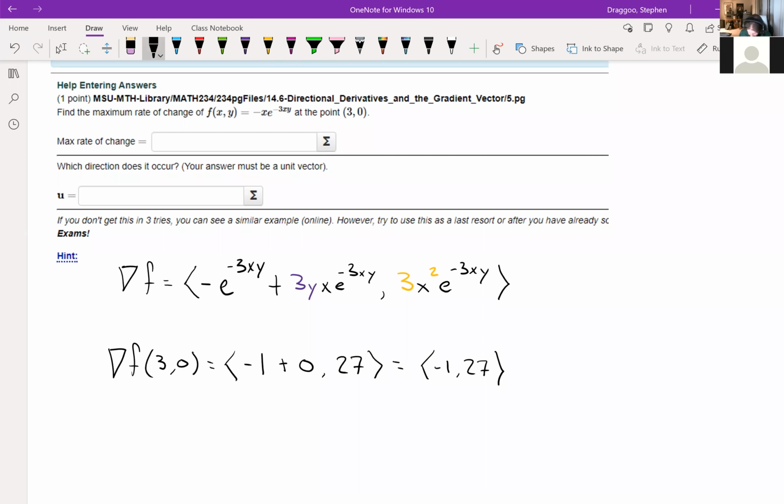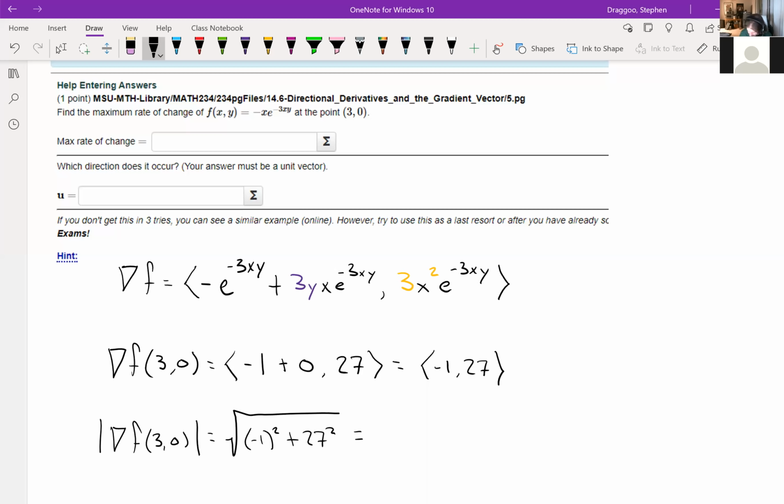And then also, I'm going to want the magnitude of that vector. So the magnitude of the gradient of f at 3, 0 ought to be the square root of negative 1 squared plus 27 squared.